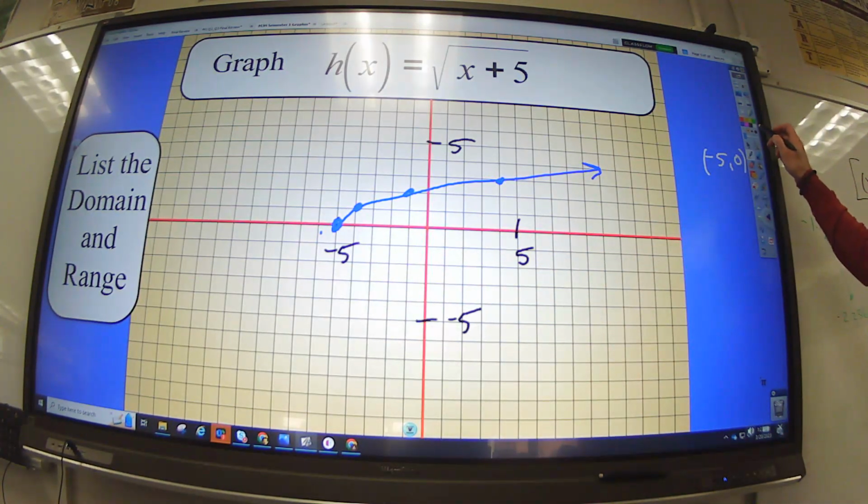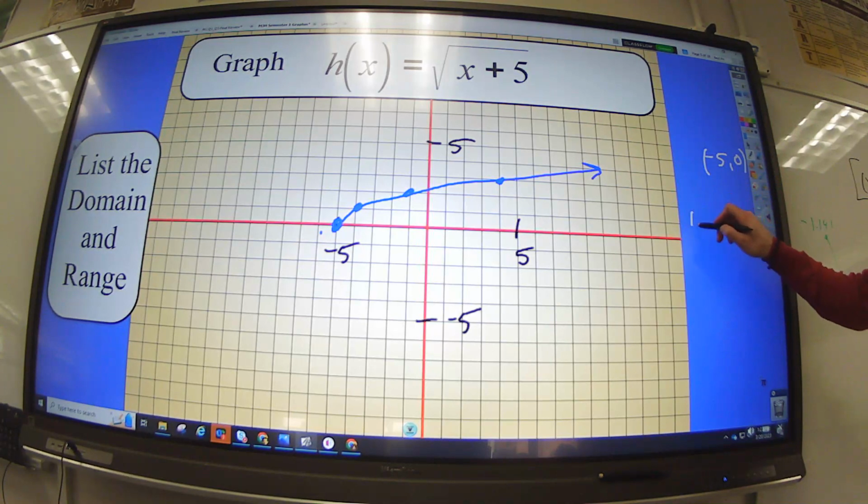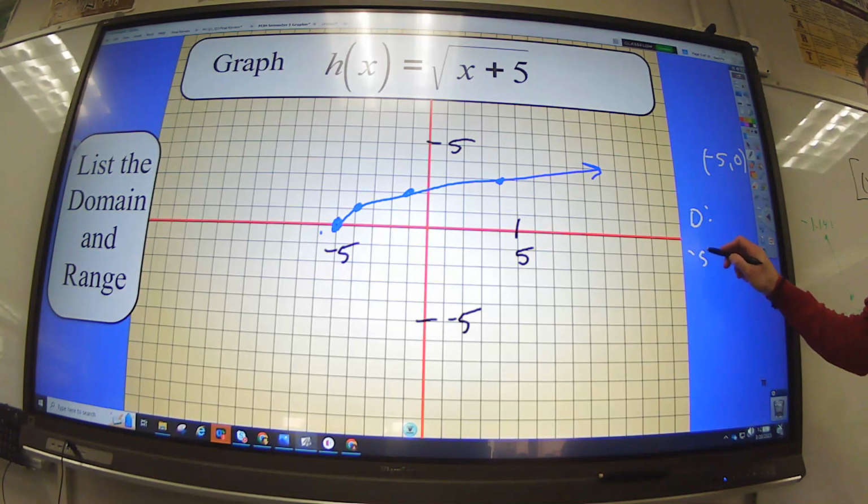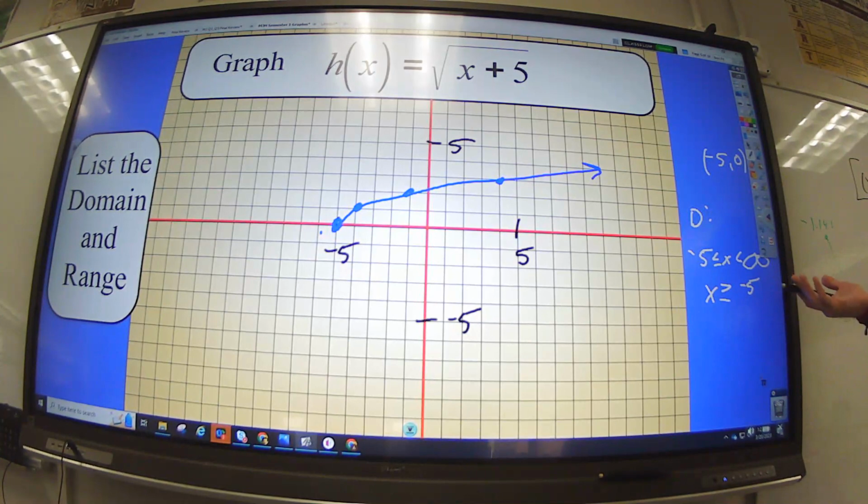So, what is my domain? -5 to what? It's so hard to write upside down 8s. Or we can say x is greater than or equal to -5. You guys see how those both work out?